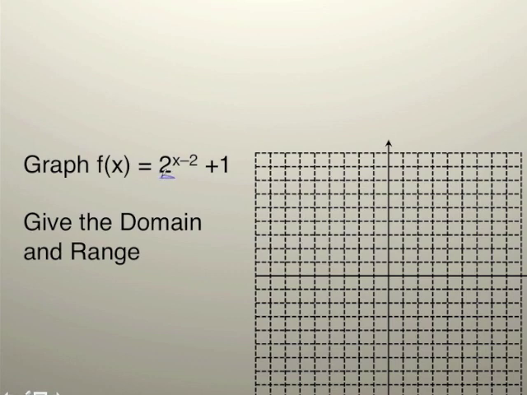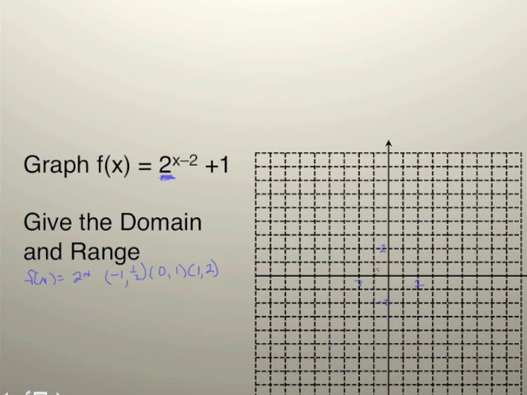So this is in the 2 to the x family, and we know that the graph of f of x equals 2 to the x would contain these 3 points: -1, 1/2, 0, 1, and 1, 2. So we'll work from there, and we will number this graph by ones.